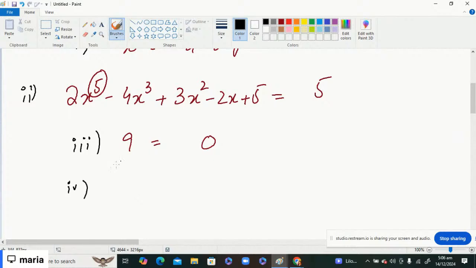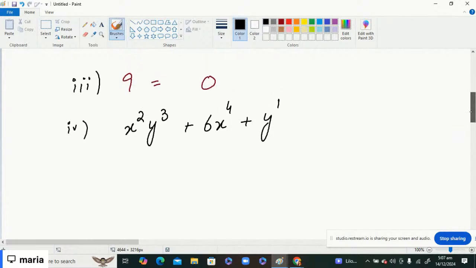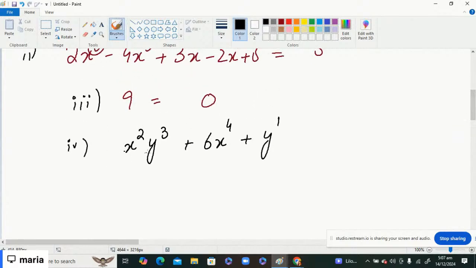If two variables are involved, for example x square y cube plus 6x power 4 plus y power 1, what is the degree of this? We are going to add both the x and y degrees. Let's suppose this is 2 and then 3.